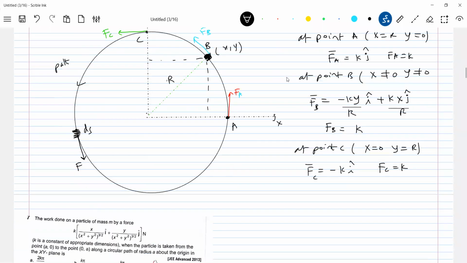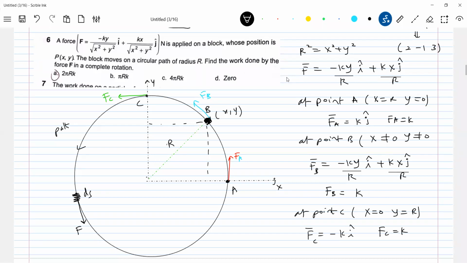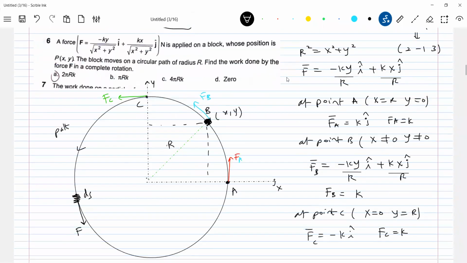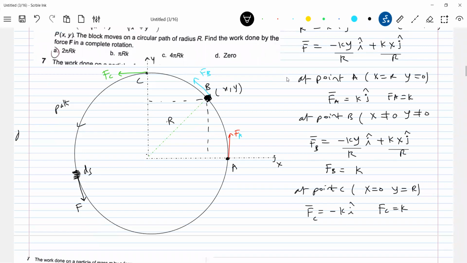So therefore the work done, dW equal to F into ds, which is k into ds, from 0 to 2 pi r.